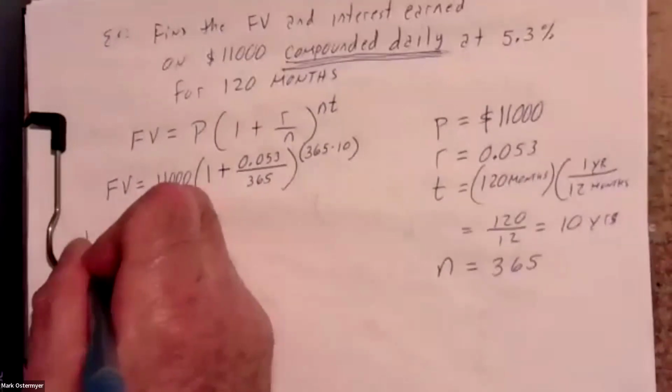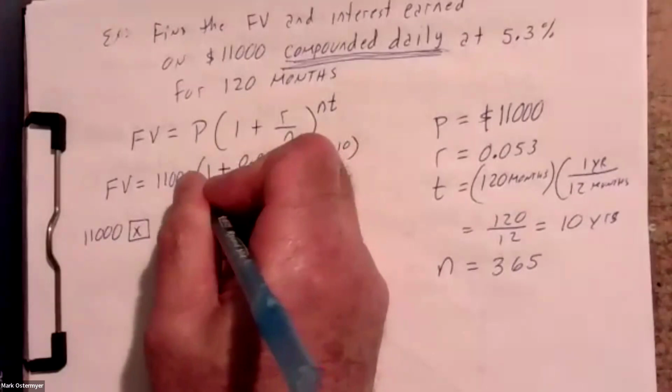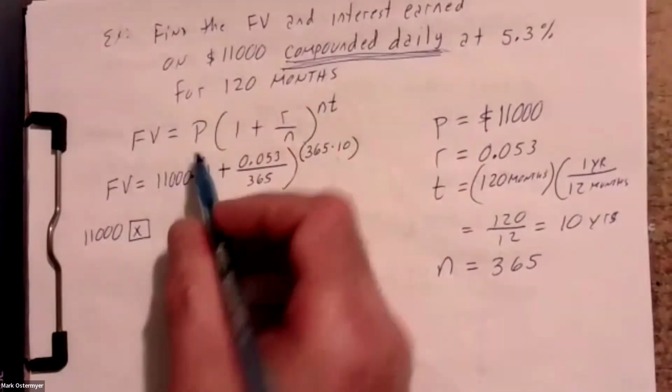Well, here's how we do it. We start off with 11,000 times, it's understood there's multiplication between 11,000 and the open parenthesis.